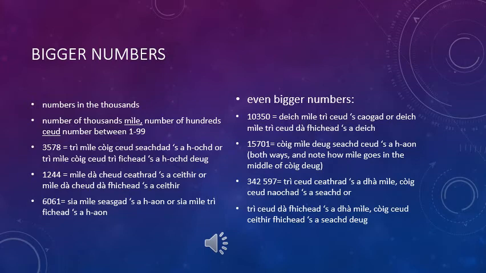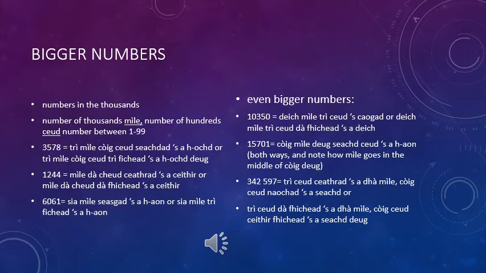So 3,578 would be 3 míle coig ciat shesket a hoch, or 3 míle coig ciat 3 fichet a hoch geach. 1,244 would be míle da chiat keret a ceher, or míle da chiat daichet a ceher. 6,061 would be shia míle shesket a hún, or shia míle 3 fichet a hún.